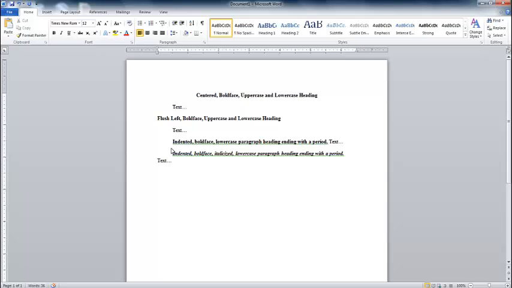And the last level heading is indented, italicized. So let's do that. Lowercase, paragraph heading, ending with a period.